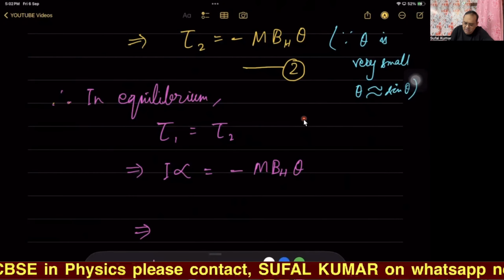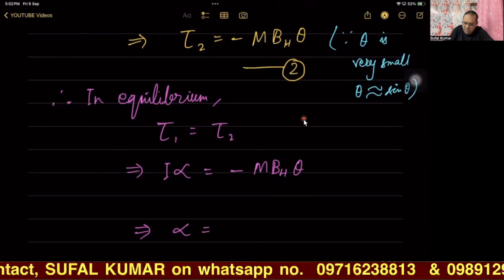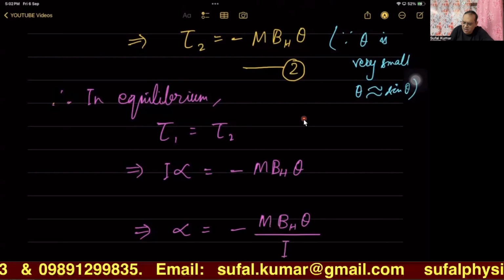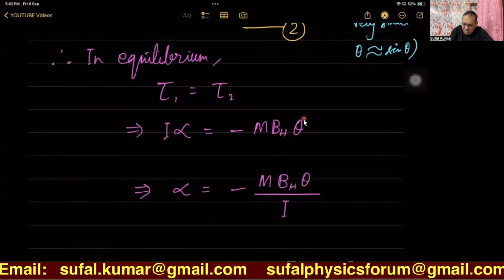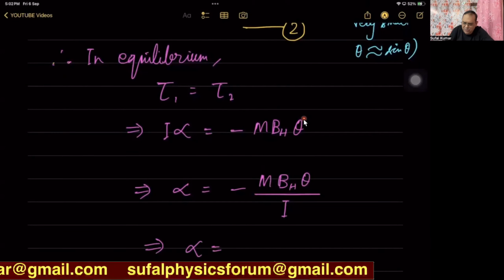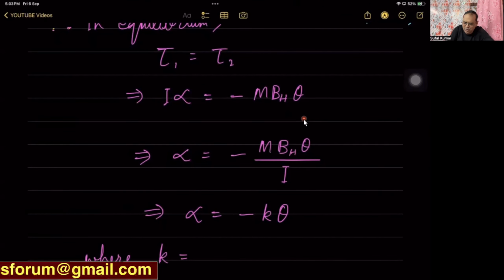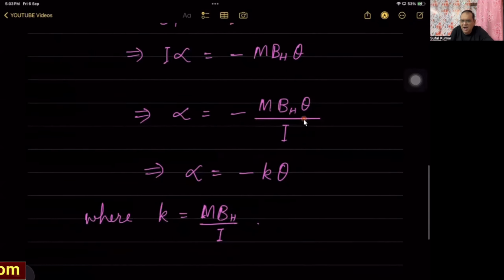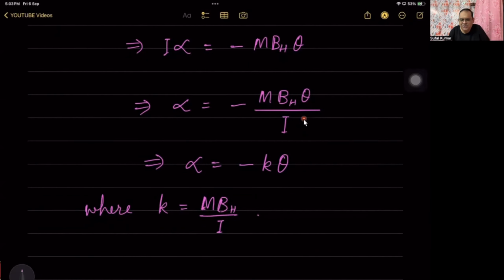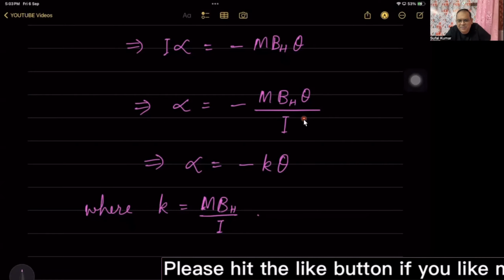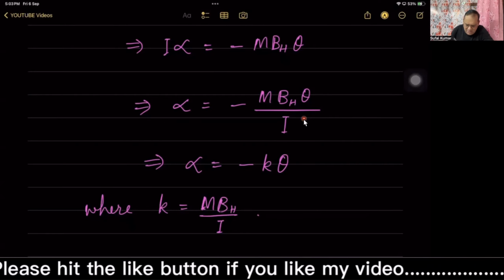It implies that alpha is equal to minus mBH theta upon I. And from here, alpha is equal to minus A theta, where A is equal to mBH upon I.